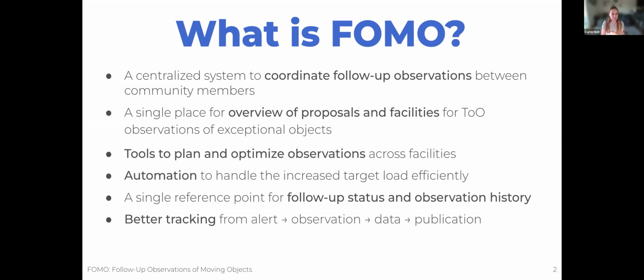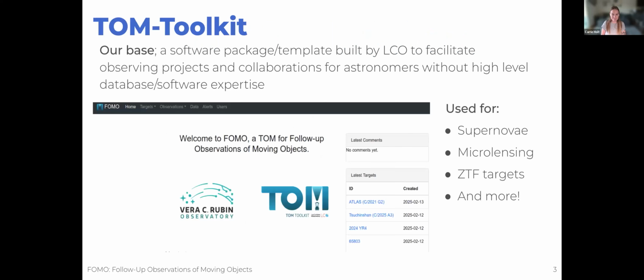We can also include tools to plan and optimize observations across facilities, having automated robotic facilities, and also act as a single reference point for follow-up status and observation history of objects. So what has been observed, what is planned to be observed, etc. Which then allows for better tracking from alert, observation, data, publication.